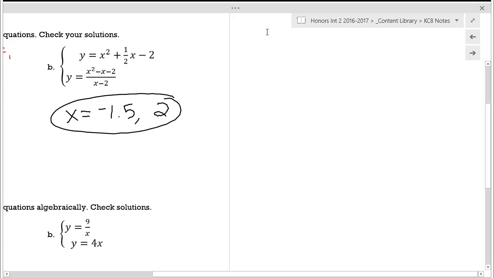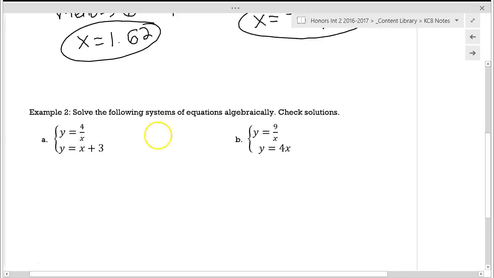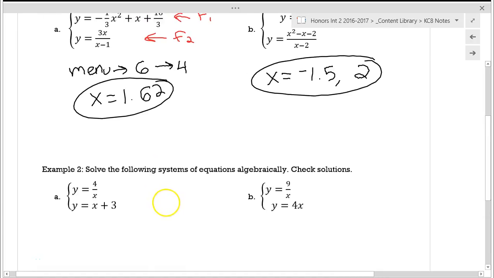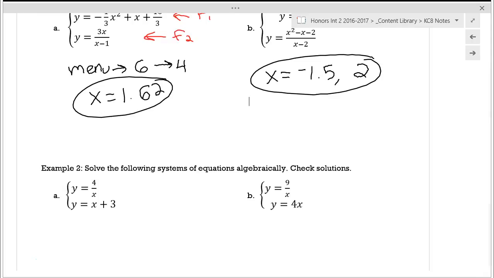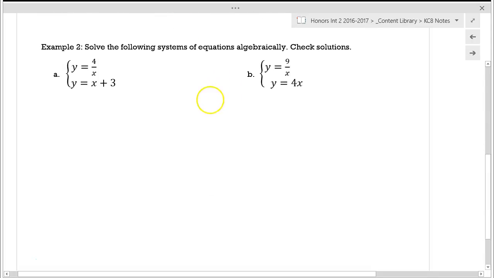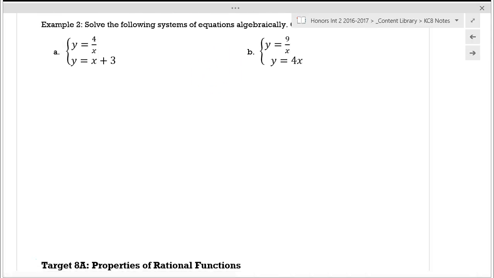After we solve graphically, not too hard, just graphing and finding the intersection, now I'm going to try and solve algebraically. With algebraically, we're setting them equal to each other and then solving just like we would any other rational equation.